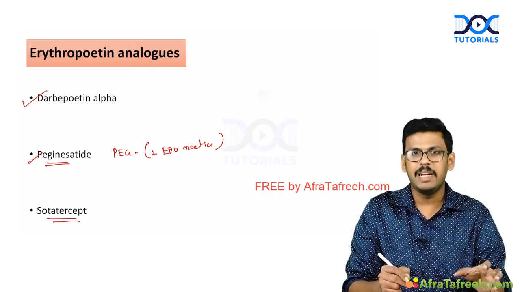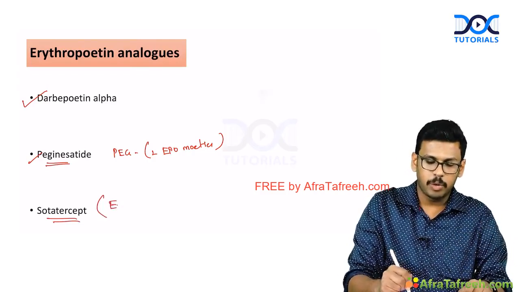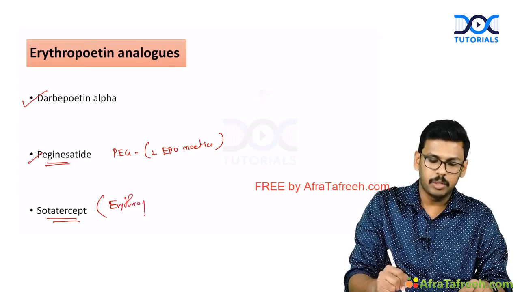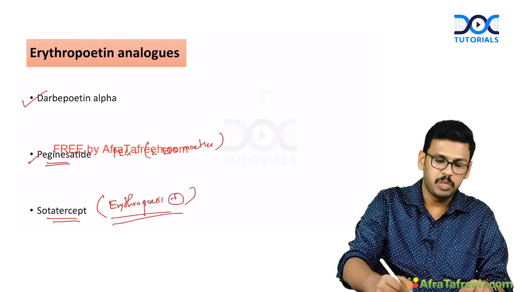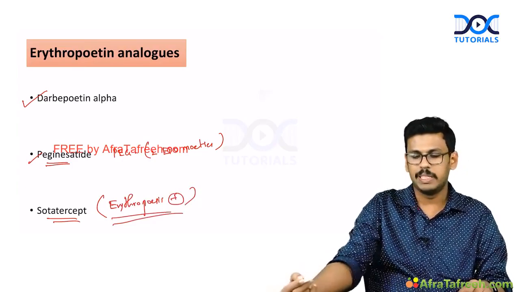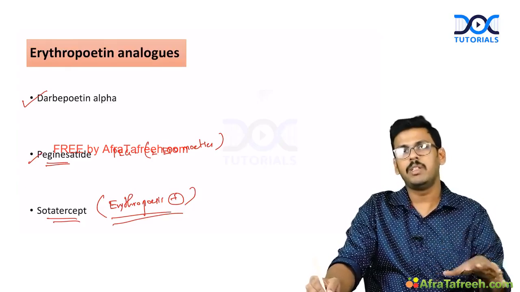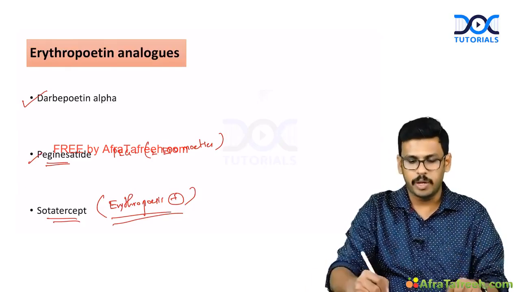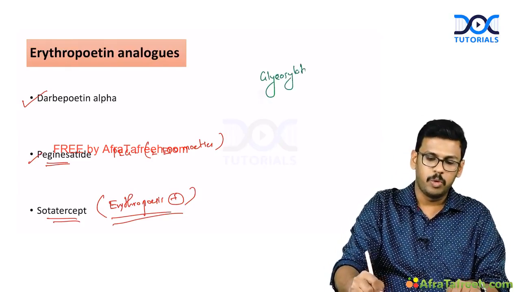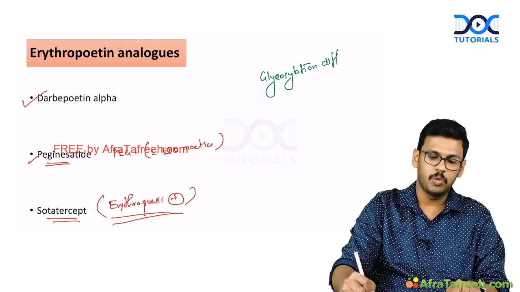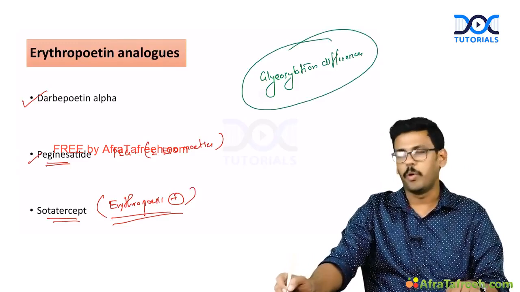Sotatercept is not exactly an erythropoietin analog, but it is an erythropoiesis stimulator. So this also has been used in doping over the years, and the method with which you differentiate between the endogenous and exogenous erythropoietin is by looking at the glycosylation differences.